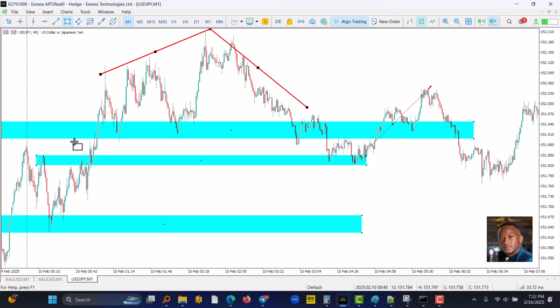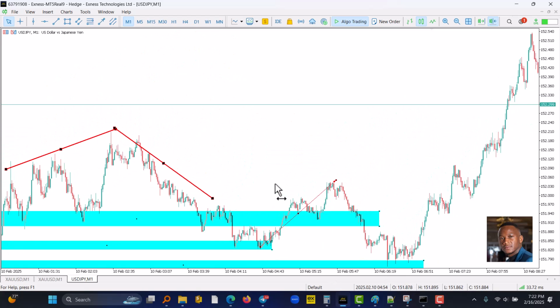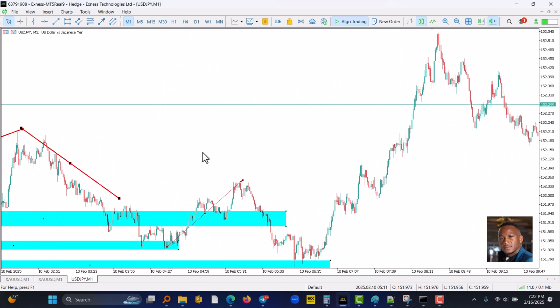I think I also left out a base that is here, inverse base, that caused the market to go up right here. Okay, so that is your inverse base coming to you right there, and with some big profits, right? So as you can see, guys, it's all about finding the bases.